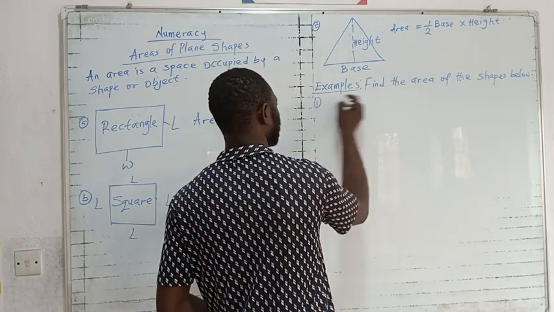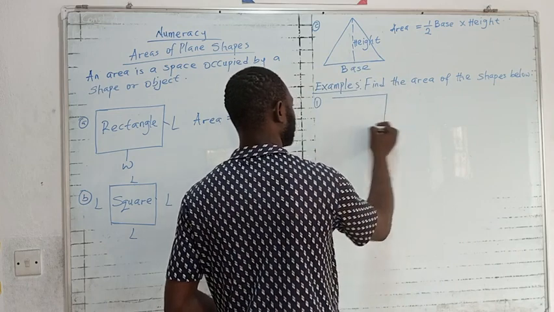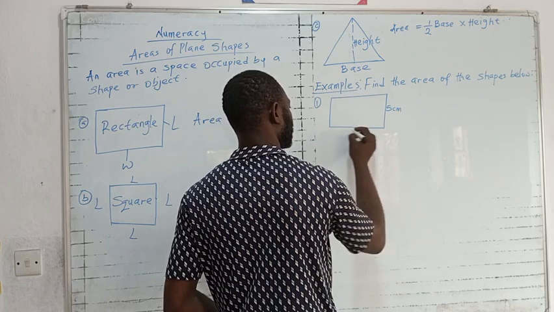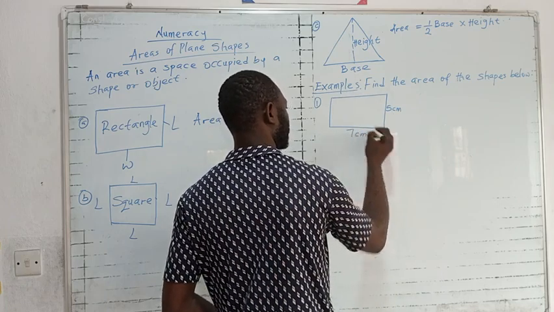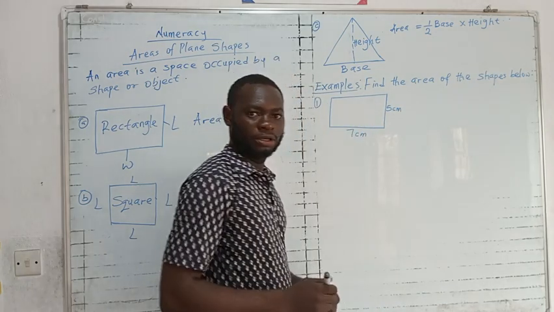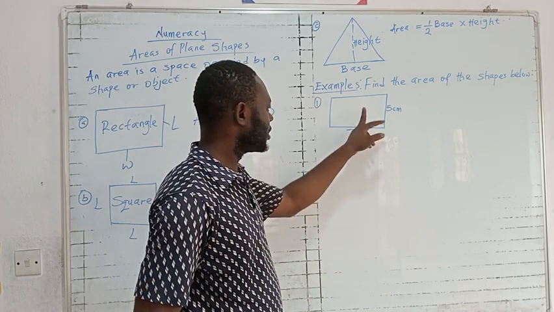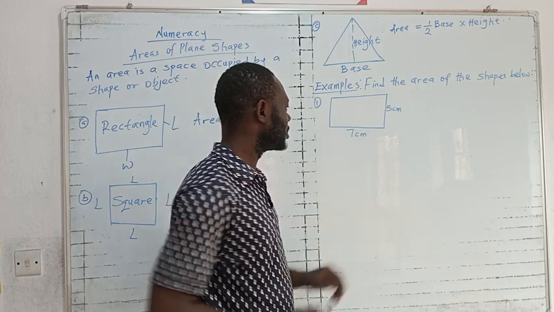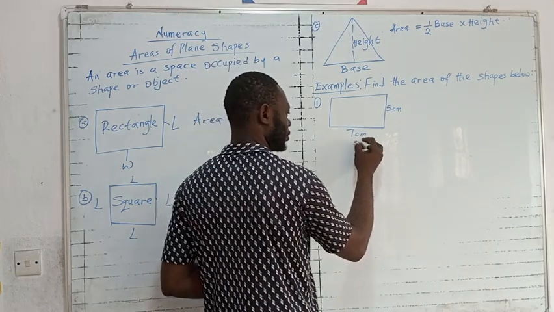Number one. Say this is a rectangle. Let's say here is 5 centimeter, here is 7 centimeter. You notice at this point that this is a rectangle that has this side to be 5 centimeter length and 7 centimeter width. Solution.